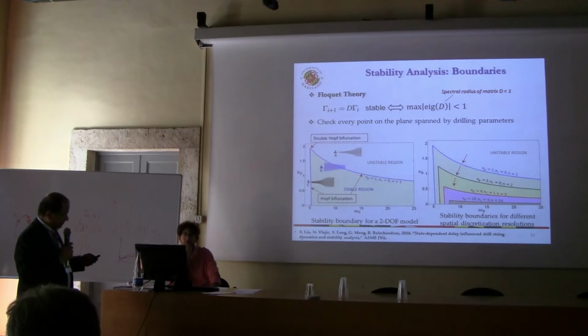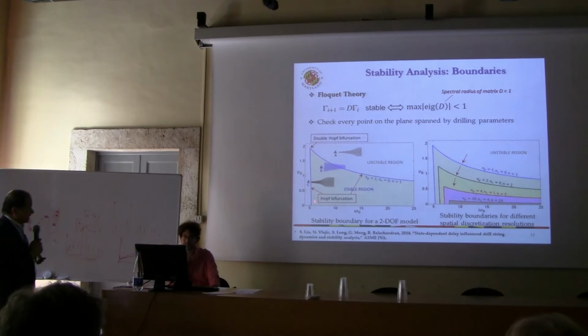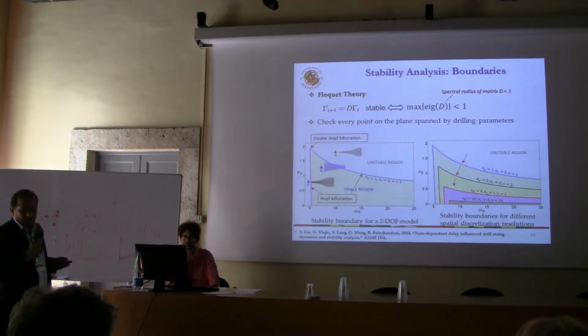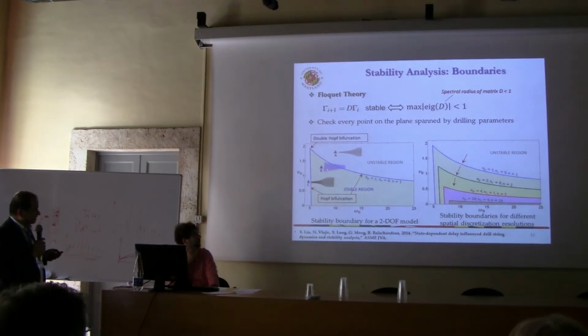So if we go through that and take note of that, recall that if I have a multiplier that's outside the unit circle, then the system is unstable. If everything is inside, then it's stable. So if I take it to a degenerate case where I just have one segment representing the whole system, the region inside is the stable region out here. So if I initiate motions inside that region, things die away.